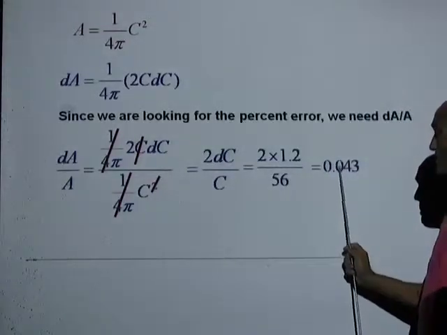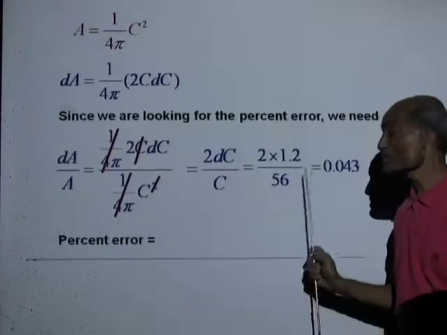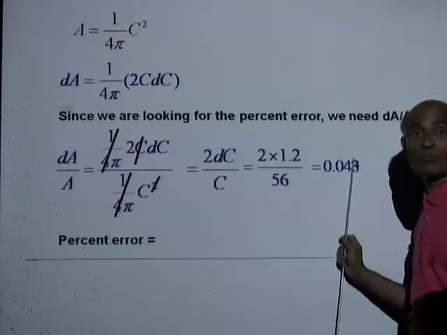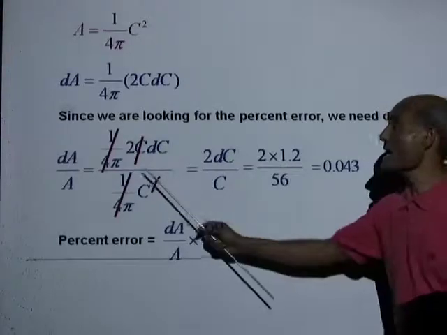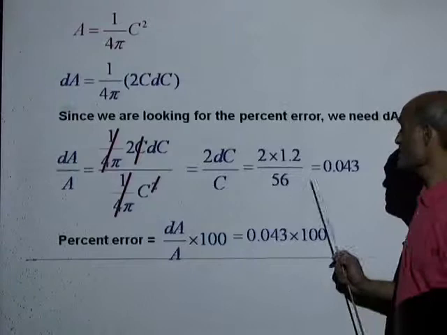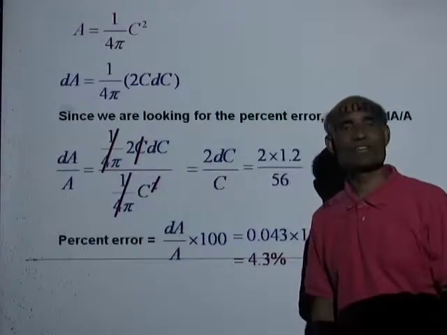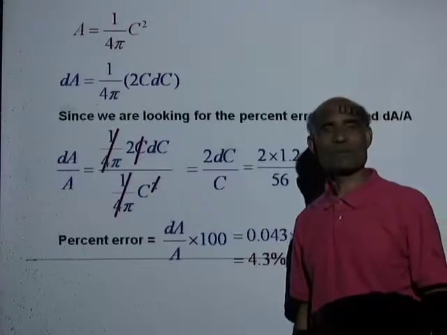So the relative error is 0.043. Therefore, the percent error is dA by A multiplied by 100. That is 4.3% is the percent error.